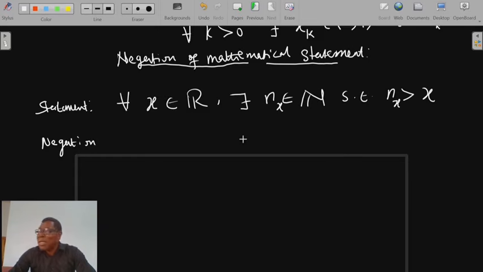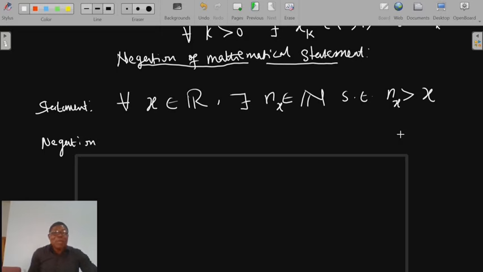If you give me this point, I can find this point, so that this happens. Its negation naturally is that I can find a point x, say x naught, in R, so that whenever you give me n in the set of natural numbers, this particular inequality will no longer be true. That is not true means there is one point here, so that for anything you pick here, this inequality will no longer hold.